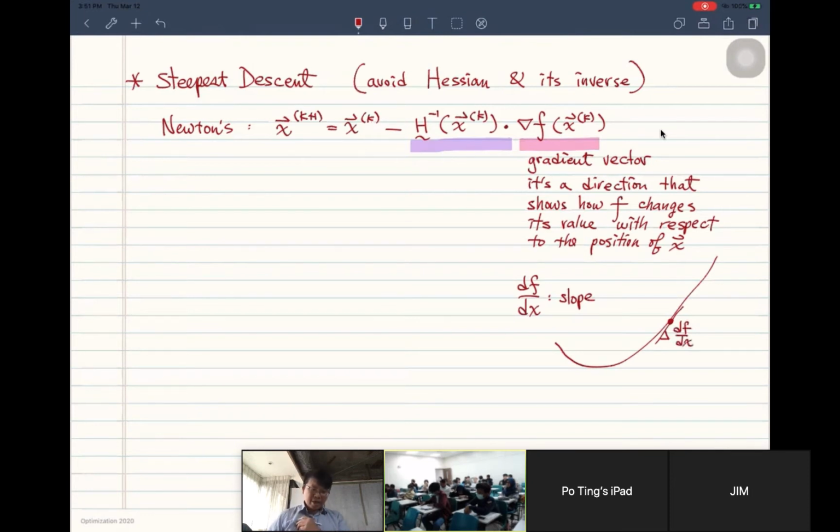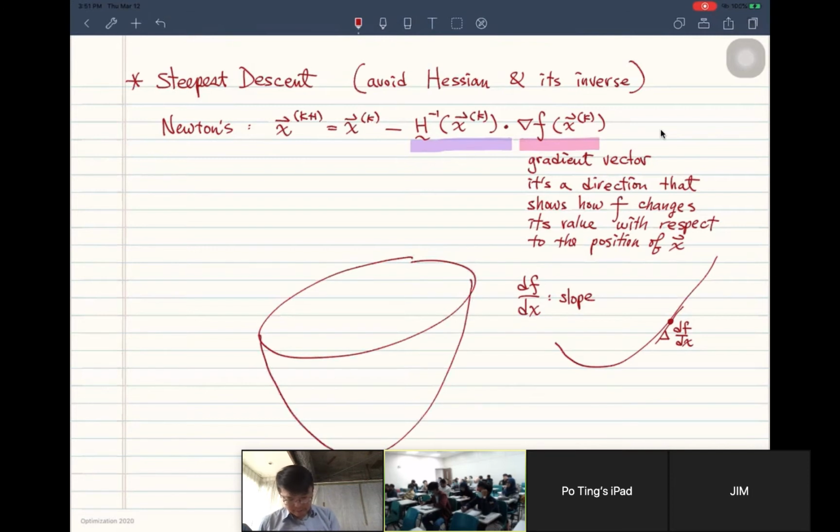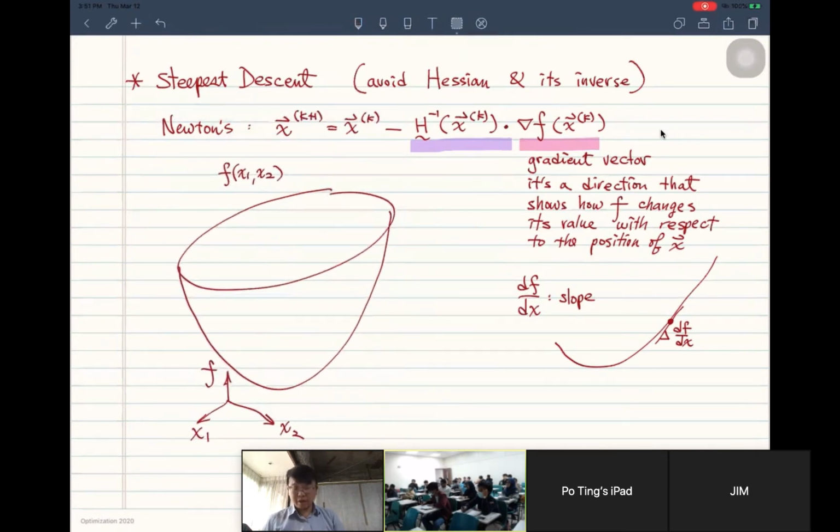Okay? And if I have a 3D, that's a 2D, let's say this is f of x1 and x2, and let's say my coordinate system looks like this. Okay, let me do this. And at some point, what does the gradient look like?